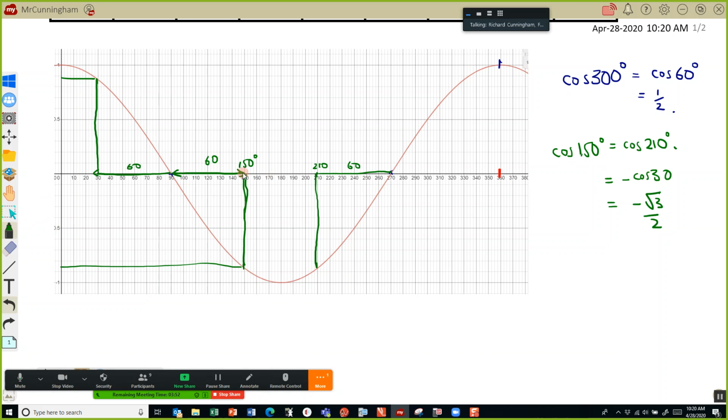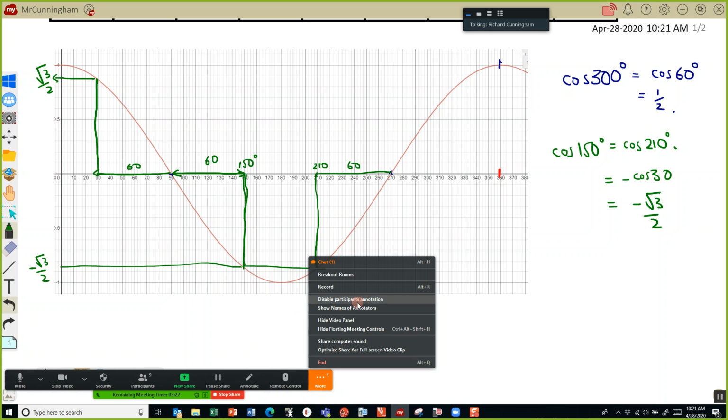So cos of 150 is the same as cos of 210, which is the same as negative cos of 30. So just to kind of clarify, hopefully, we said cos of 30 is positive root 3 over 2. That is this value. Cos of 150 and cos of 210 is negative root 3 over 2.